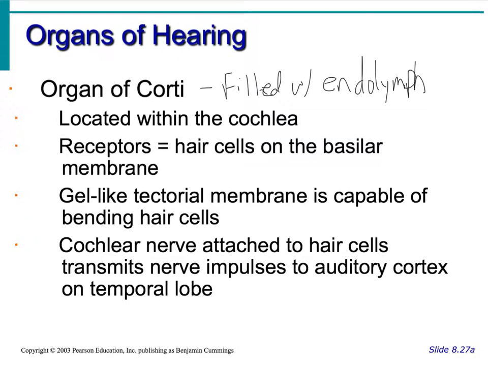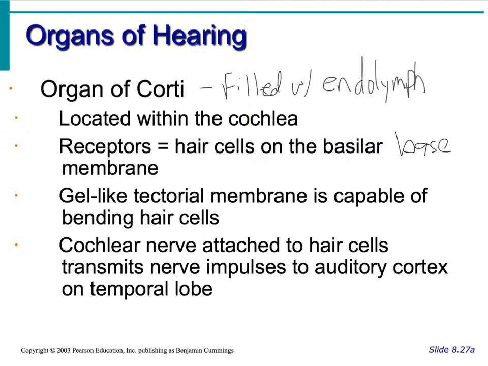It has two membranes. It has a basilar membrane. That's like the base, so we can write base here. And the basilar membrane houses the receptors with the nerve endings that go to your cochlear nerve. On the surface of those, those are hair cells.